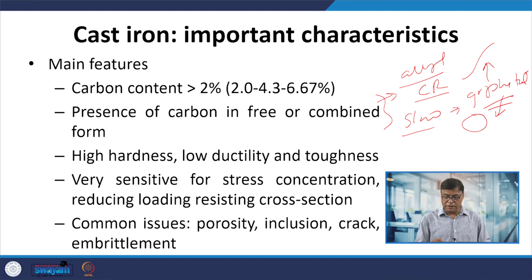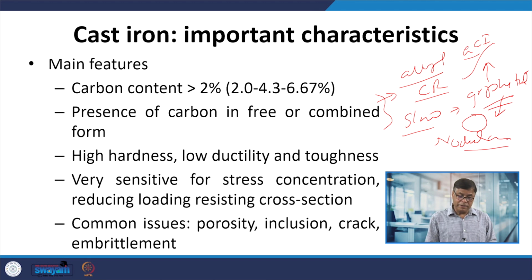When carbon in free form is present as flakes, it is termed grey cast iron. When it is present as nodules or spherical balls, it is termed nodular cast iron.